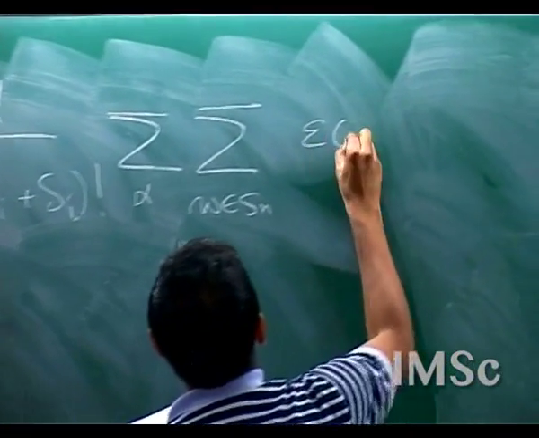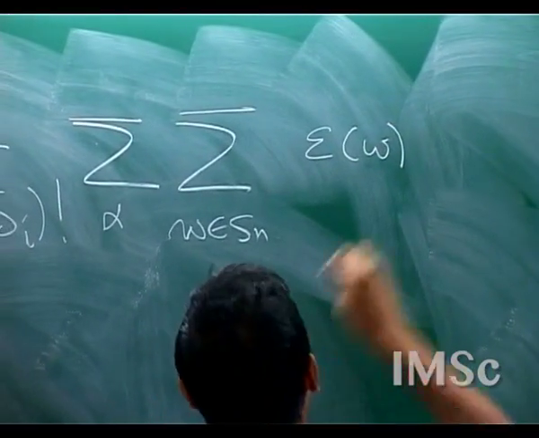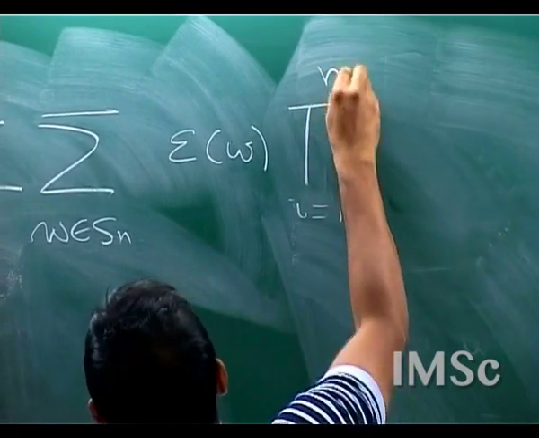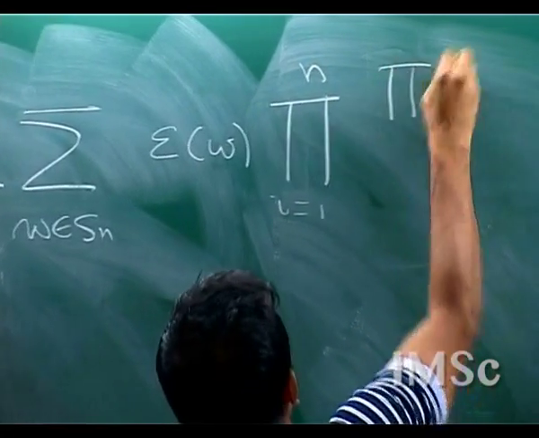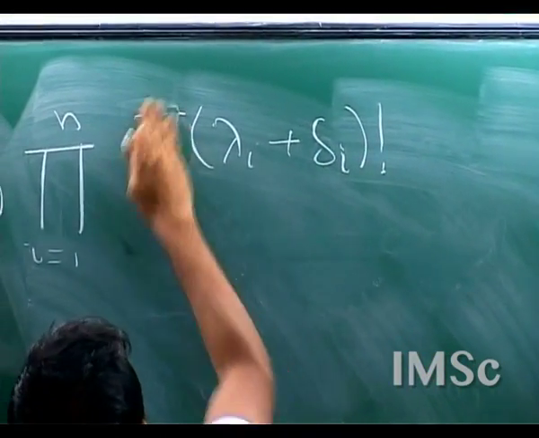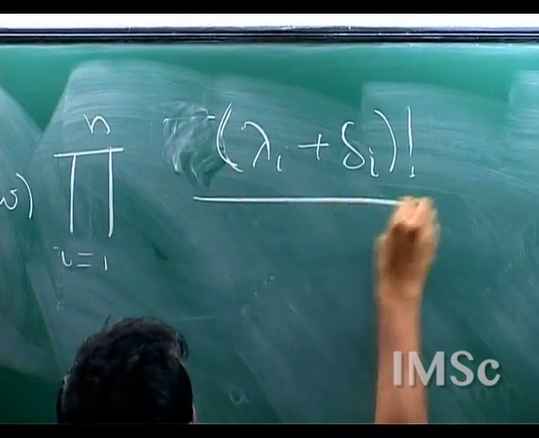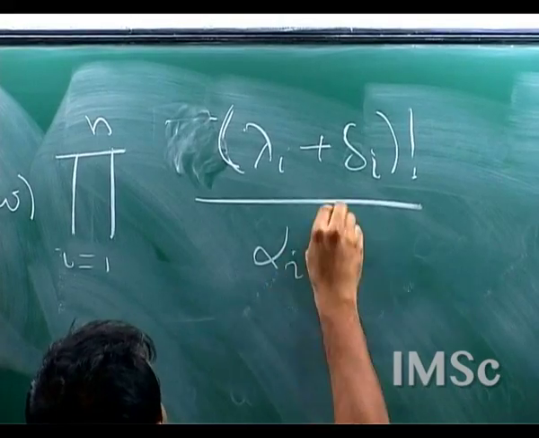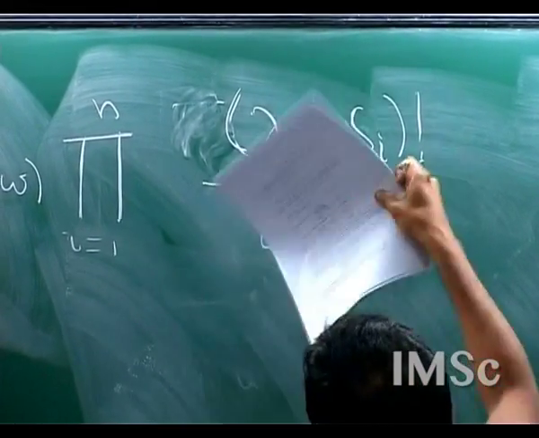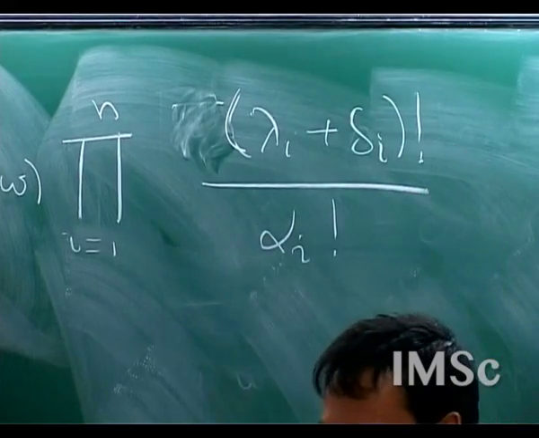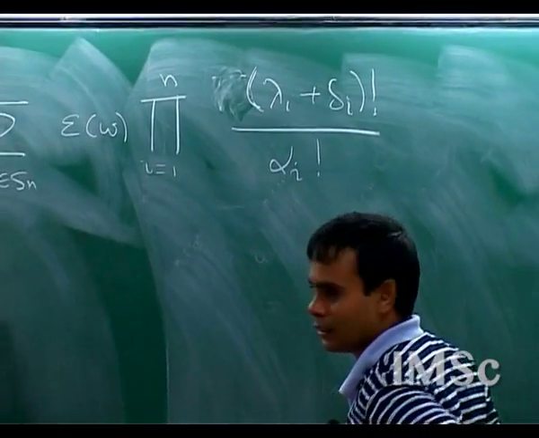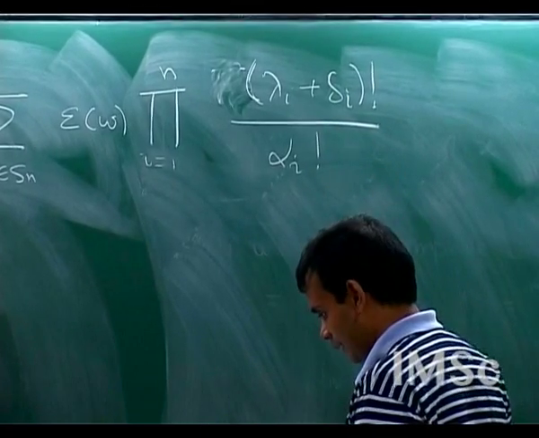Of course, I have this epsilon w, and then I have the product i goes from 1 to n, lambda i plus delta i factorial, and we must not forget our old friends alpha i factorial. Now that's a ratio of factorials, and hopefully we can just divide it.